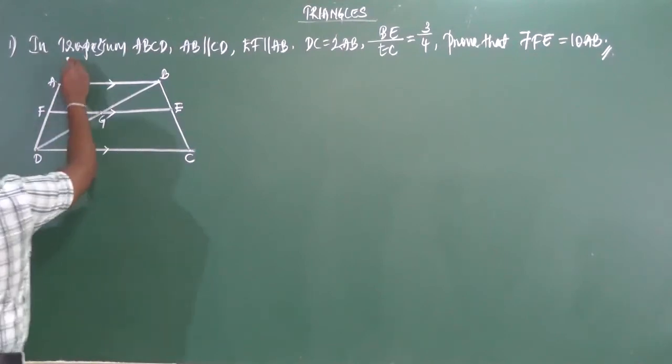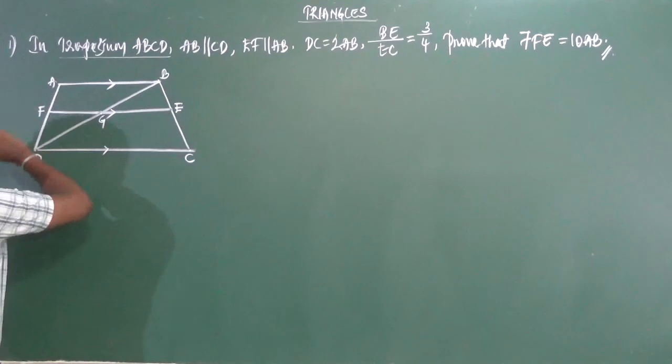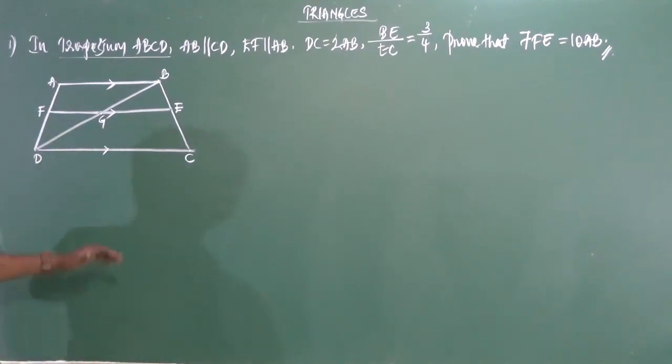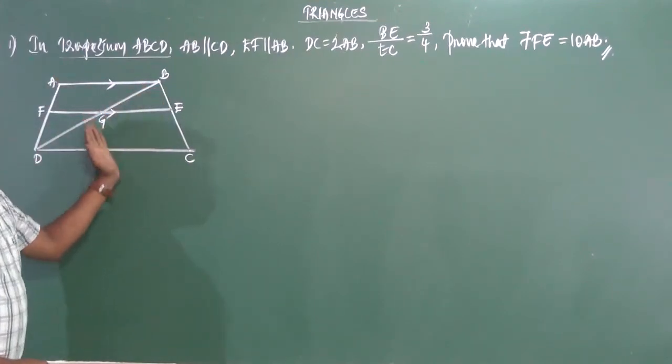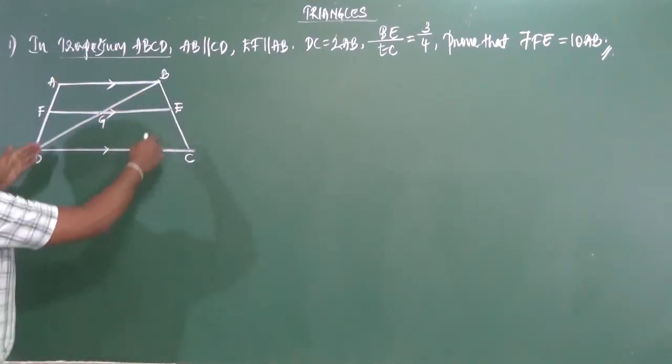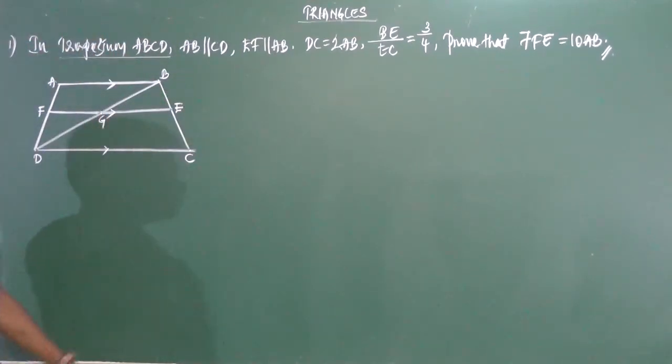So this is trapezium ABCD, where, according to the properties of trapezium, one pair of sides will be exactly parallel to each other, and those sides which are parallel are not equal, and those sides which are equal are not parallel, because when extended on both sides, they are going to meet at a point somewhere above the trapezium, right?